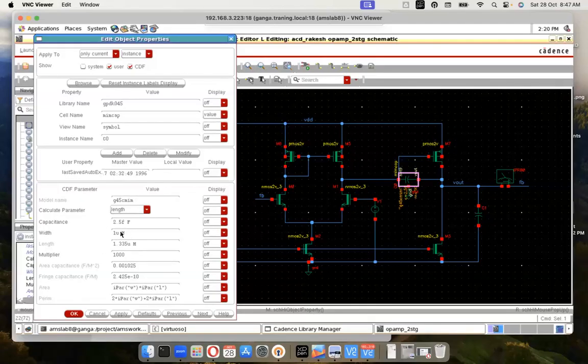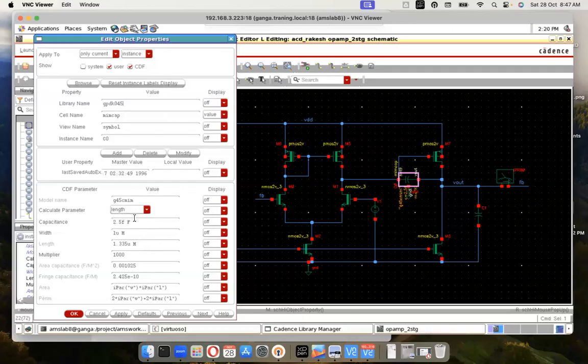So it is just width versus length into 1000. 1000 instances of some structure which is replicated 1000 times. So this gives us the freedom of calculating. Let's say, what is a calculated parameter would you like to calculate? You can give length and width and then tell it to calculate the capacitance.